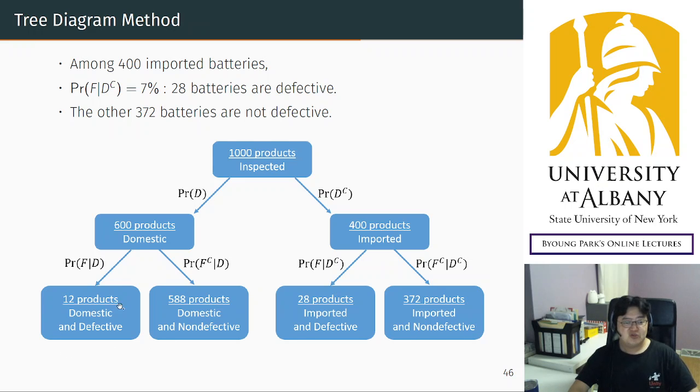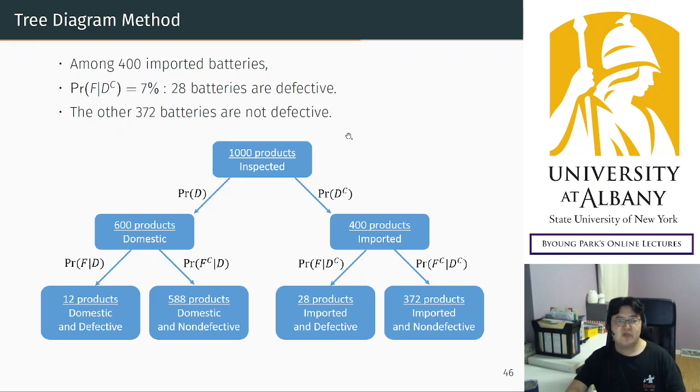So as you just see, we divided 1000 batteries into four categories, four outcomes: domestic defective, domestic non-defective, imported defective, imported non-defective. You have the numbers. And of course, if you add all these four numbers, you will have 1000 again because it's simply classification.